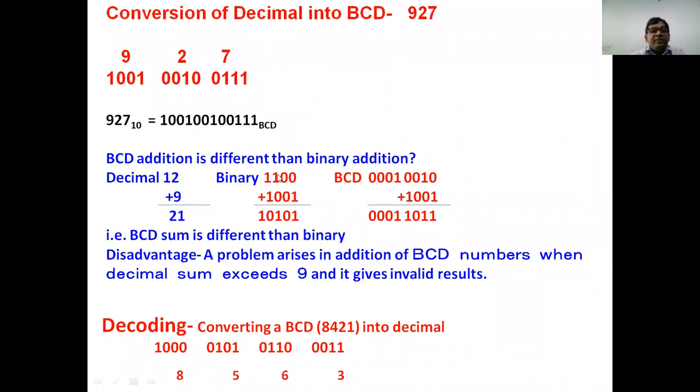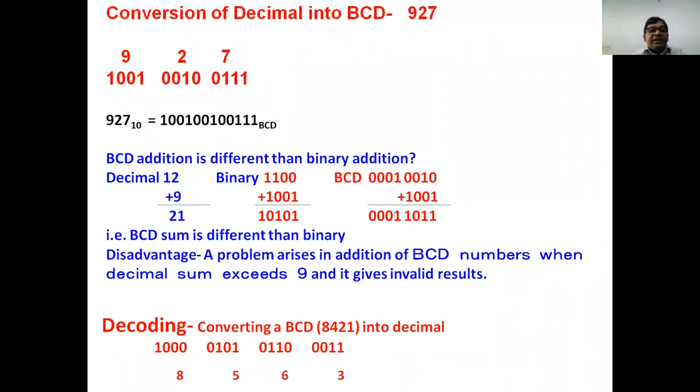In BCD, this 1 and 2 separately will be converted into binary numbers, and the way of representation is in the form of a nibble. A nibble is 4 bits.